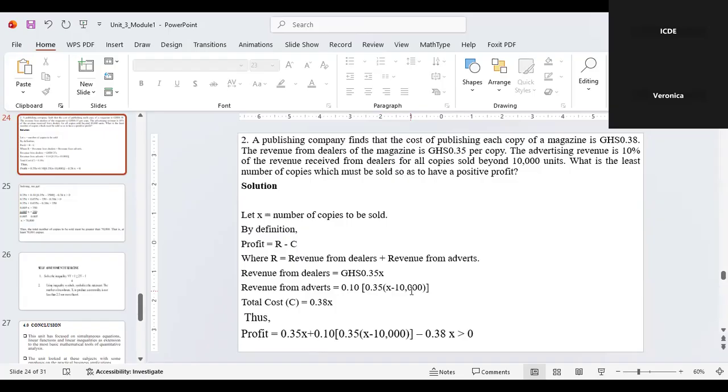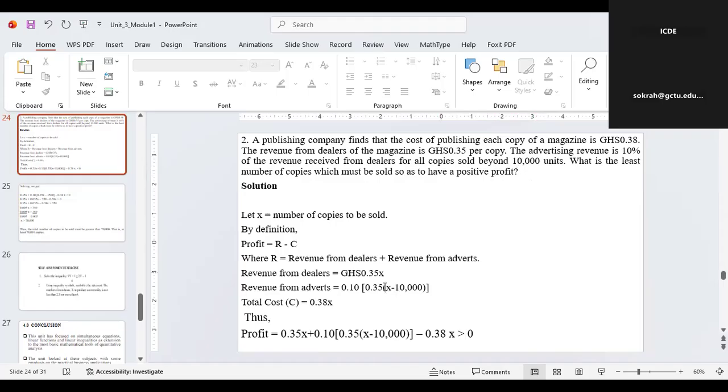There's a lot of confusion there. So the point is, you are finding 10% of it. The confusion is that beyond 10,000 is what makes the question critical. If you don't understand that point, you go over the bar. Because he's telling you that revenue comes if you make sales beyond 10,000 units.